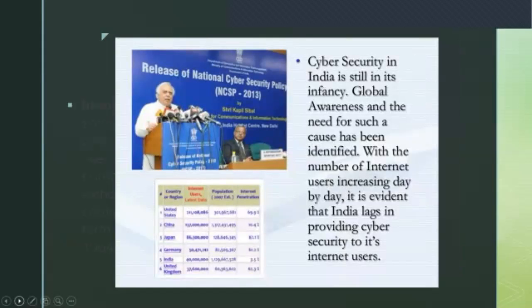Cybersecurity in India is still in its infancy as compared to the usage, as compared to the increasing number of cyber crimes. We can say that cybersecurity is still at its very primitive stage. Global awareness and the need for such a cause has been identified. With the number of internet users increasing day by day, it is evident that India lags in providing cybersecurity to its internet users.